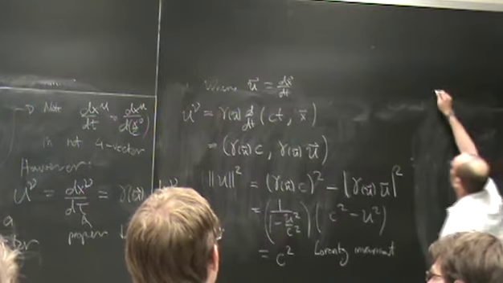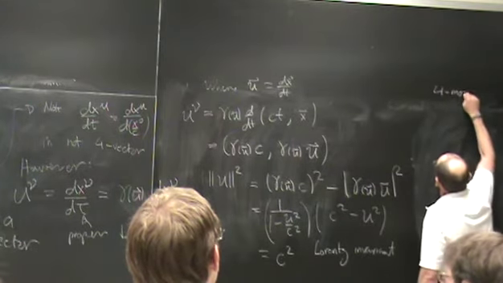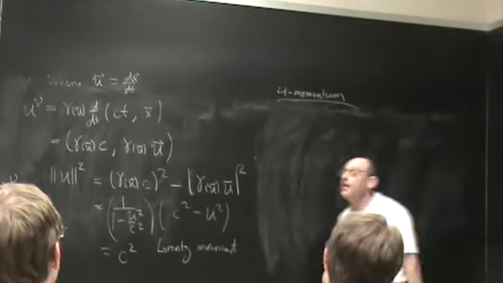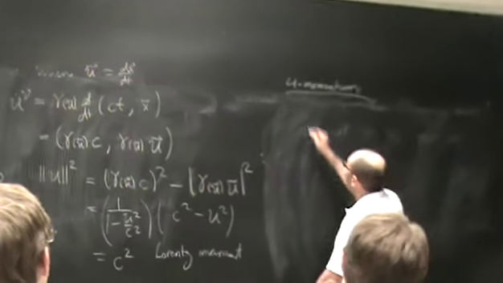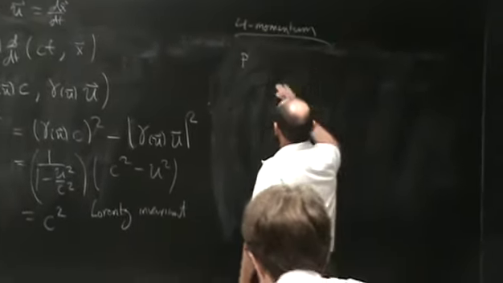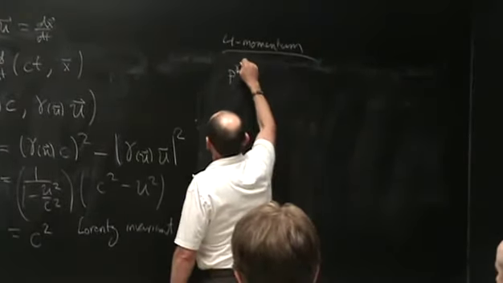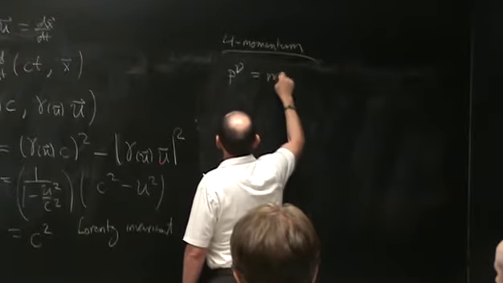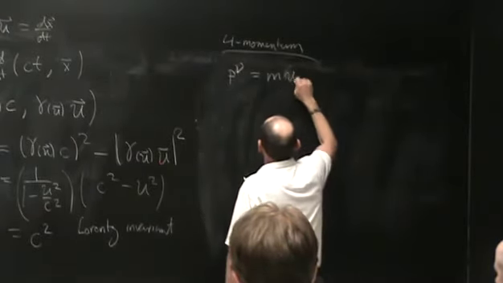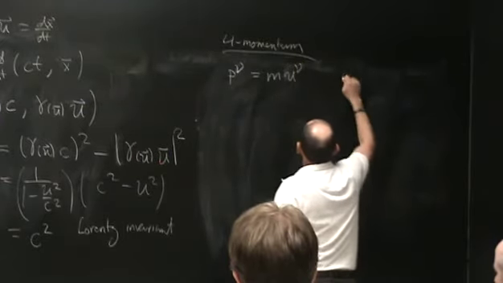Another example, the four momentum. So we define P nu is equal to the rest mass times the four velocity.